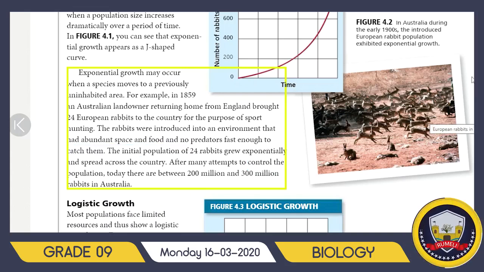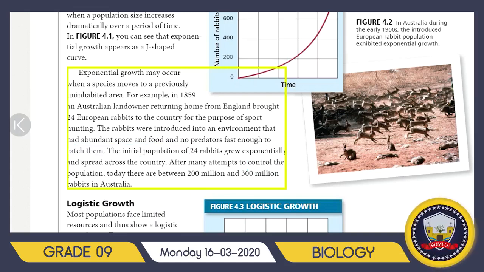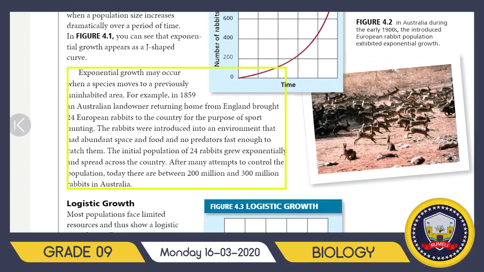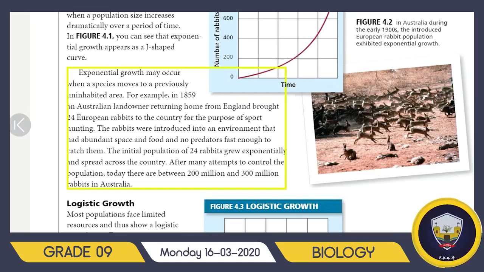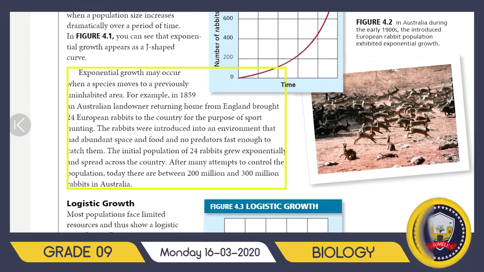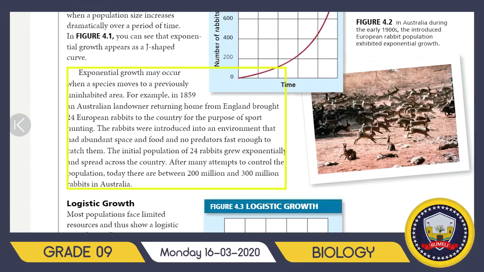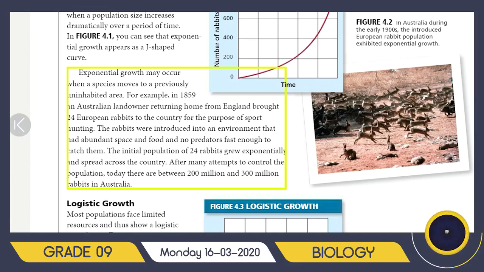So the initial population of 24 rabbits grew exponentially and spread across the country. After many attempts to control the population, today there are between 200 million and 300 million rabbits in Australia.